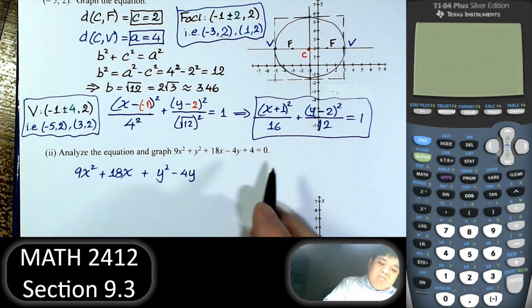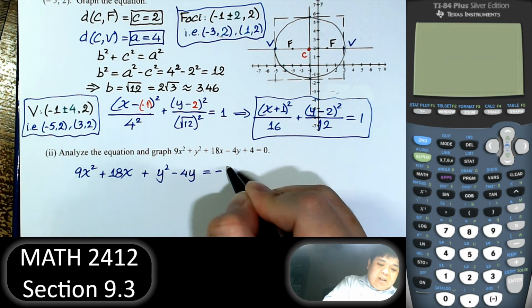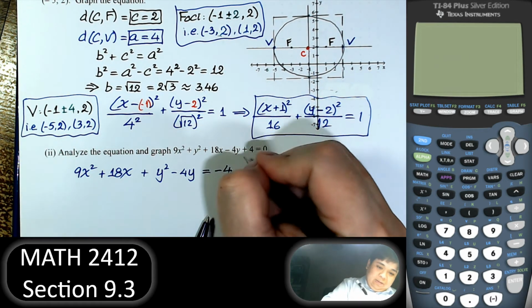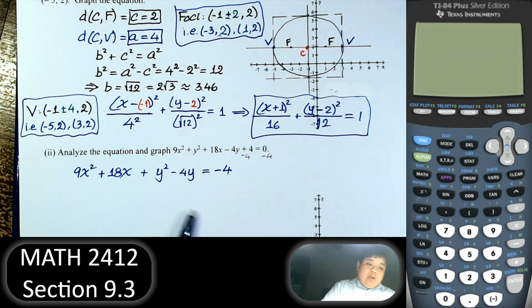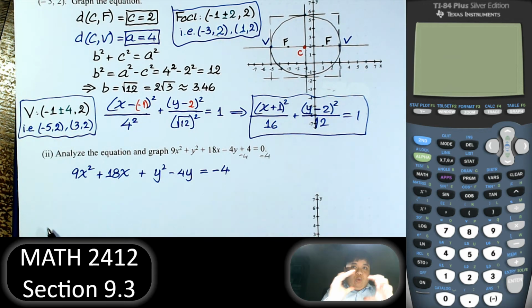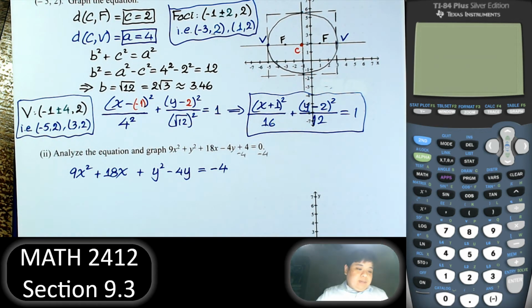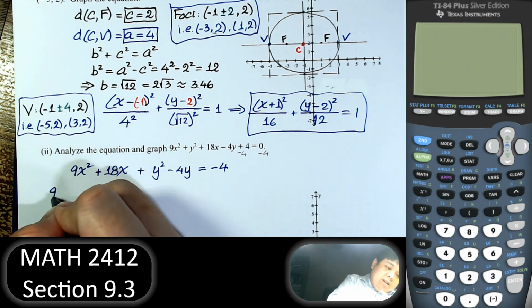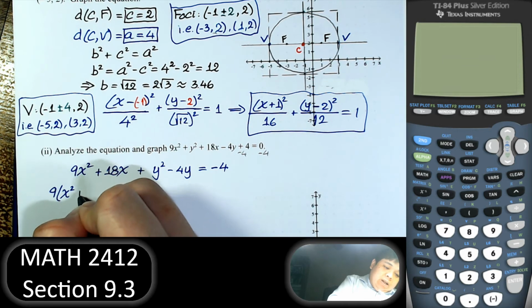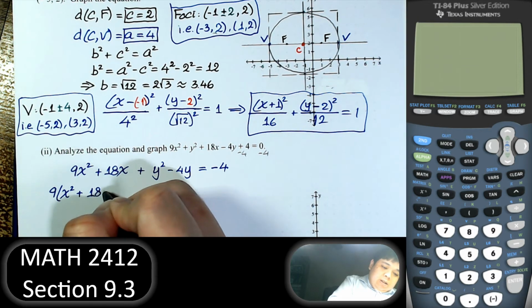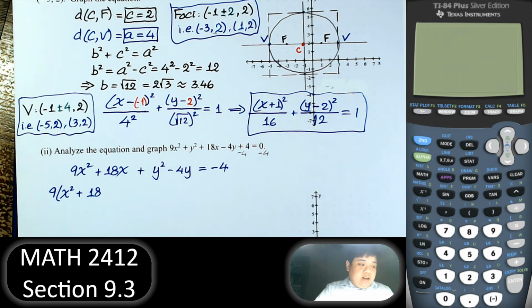The numbers, let's just move to the other side. I try to turn this into a square form. To do that, let's factor out the 9 from the x square.